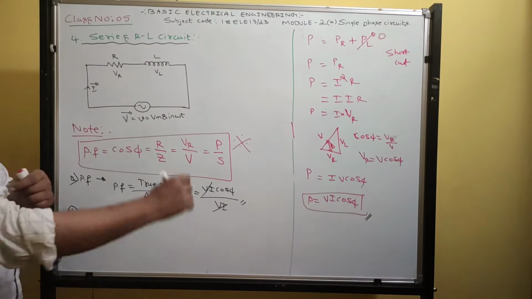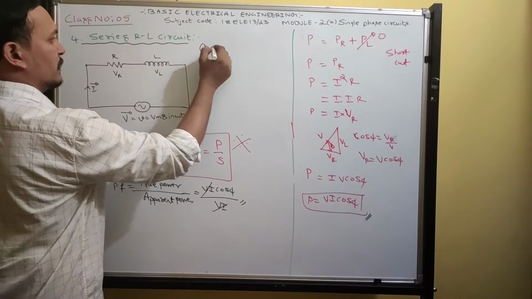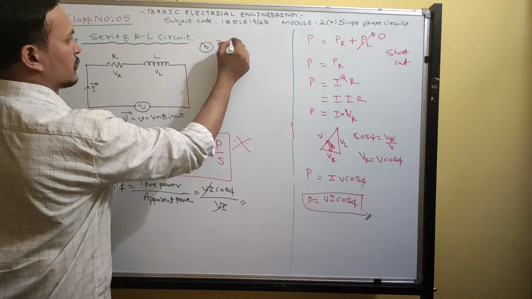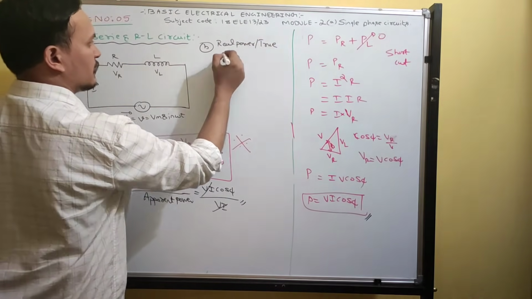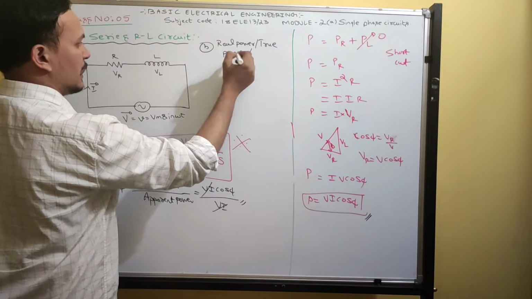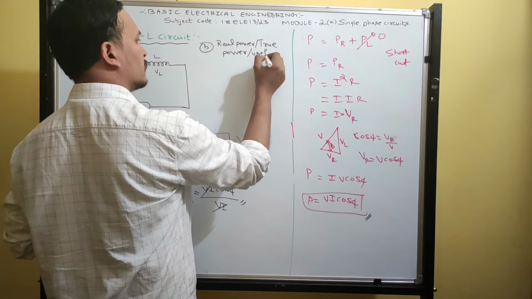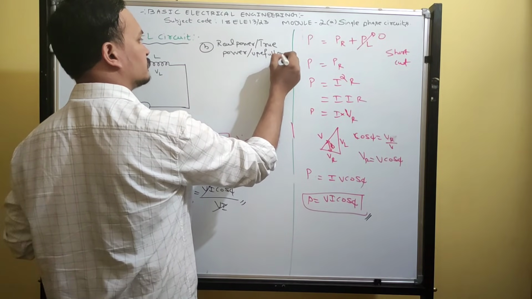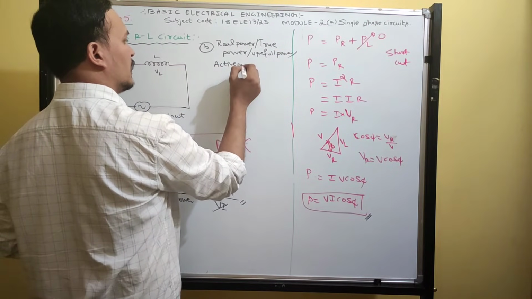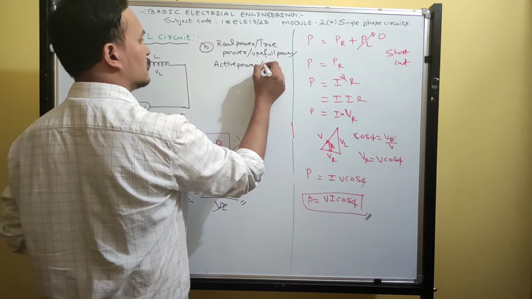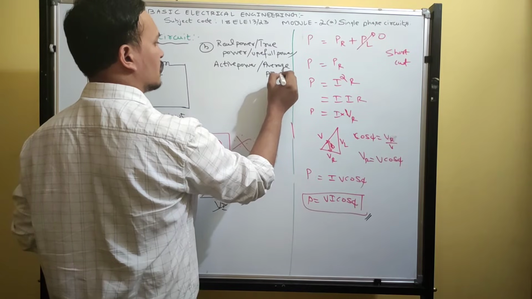Now we can define different types of power. So B, I will write here. First, write real power. Different namings: real power, true power, useful power, active power, and then average power.